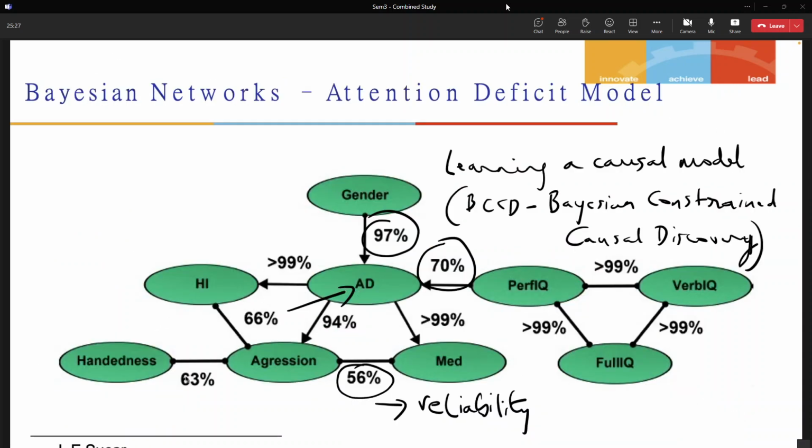And in the same way, whether I'm right-handed or left-handed determines whether I have aggression or not. But the reverse is not true, which means that for finding out whether I have attention deficiency, I need not know the probability of handedness on aggression, because attention deficiency is directly linked only to aggression. It doesn't impact this.